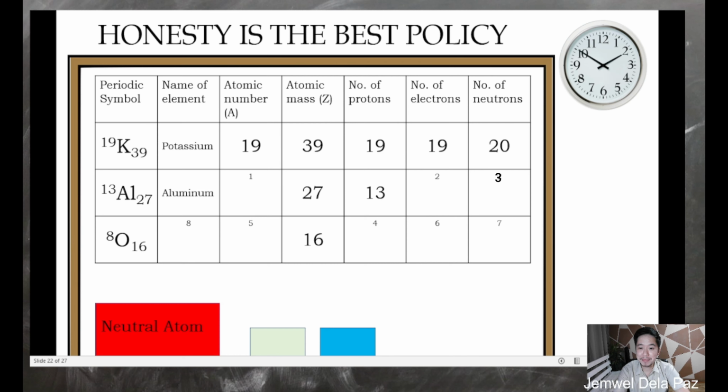Did you say 13? I agree. The atomic number is 13. How about the number of electrons? If your answer is 13, very good. Good job. How about the number of neutrons?